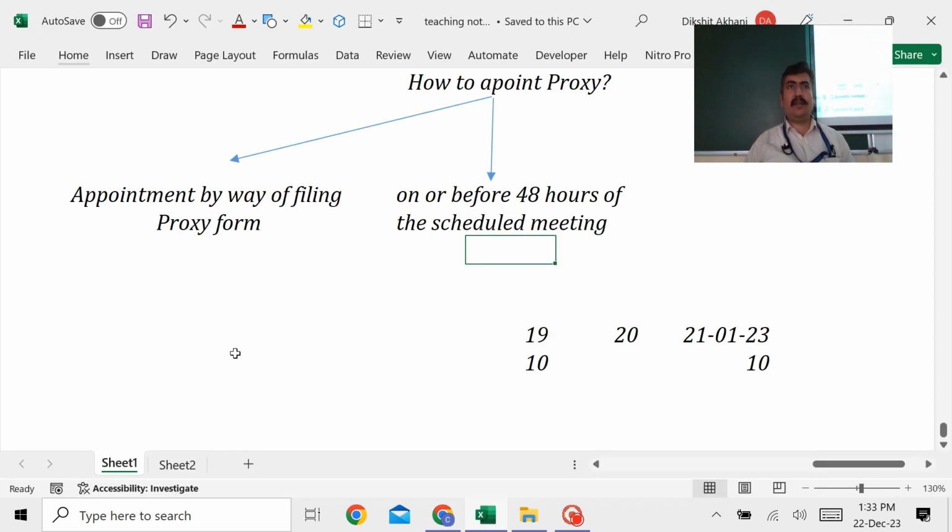Are you hungry? ब्रेक चाहिए या कंटिन्यू करूं स्पर्श? तो ब्रेक के बाद मिलते हैं थोड़ा सा कंटिन्यू करेंगे. Or should I complete this topic and then let you go?